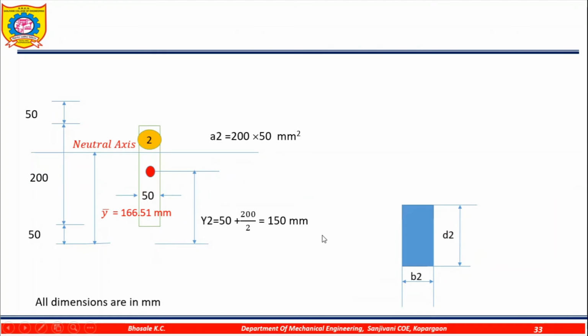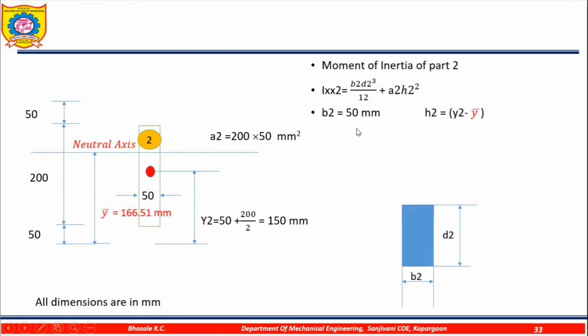Similarly, this is part number 2. Here we have made the changes: B2 is the dimension parallel to the horizontal, and the vertical dimension is D2. So the moment of inertia of part 2 will be equal to B2 D2 cube by 12 plus A2 H2 square. Whatever dimension is horizontal will remain as B2, and the vertical dimension is cubed, divided by 12.